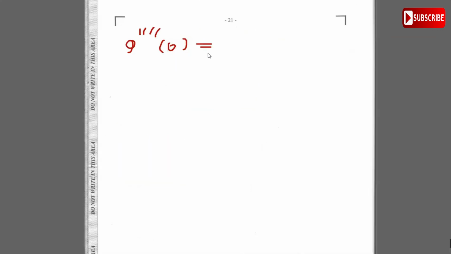This becomes 1, so you have minus 1 over 8, minus 1 over 8, minus a quarter. That will give us minus a half.